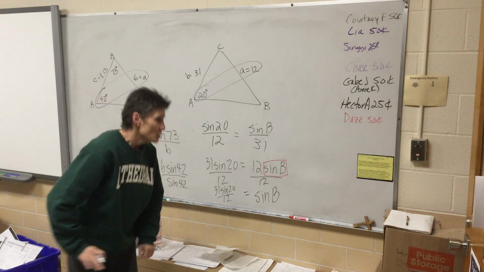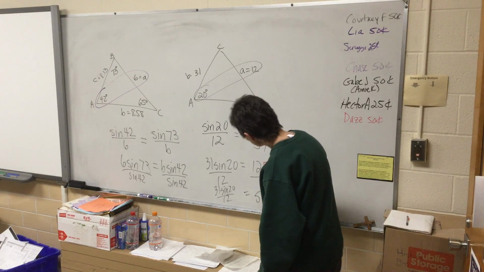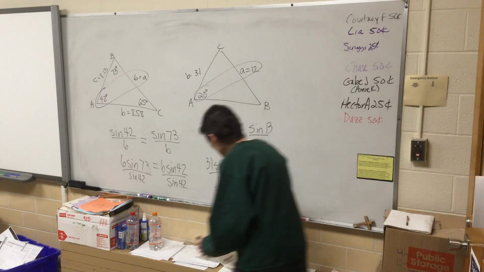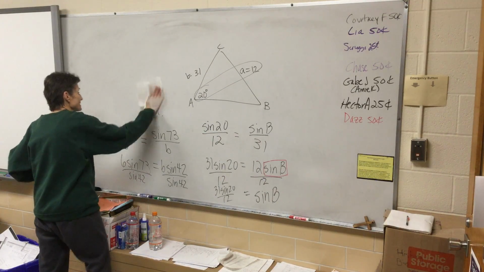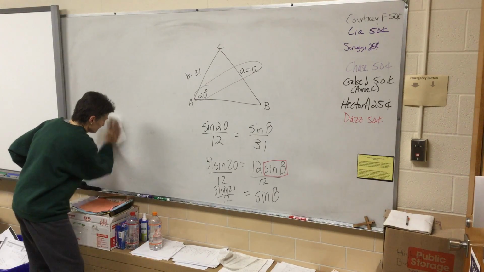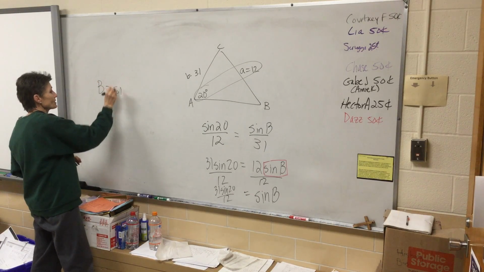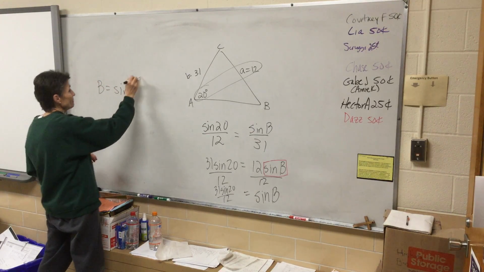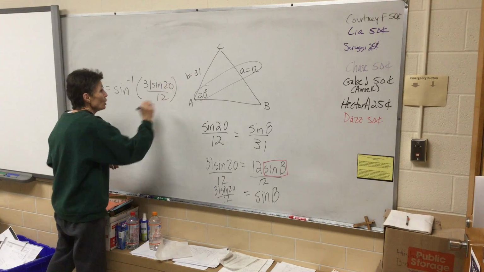Very good. So now what I have to type in, you can't do anything with that. So you are going to type in second sine, all that junk. So B equals second sine 31 sine 20 over 12.